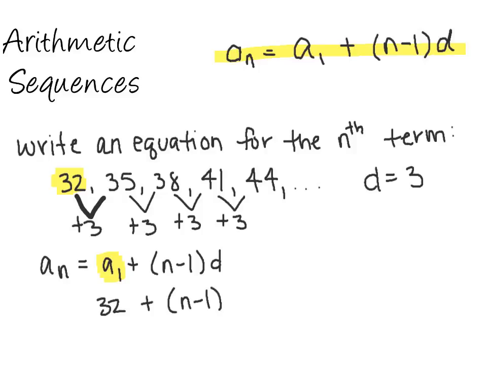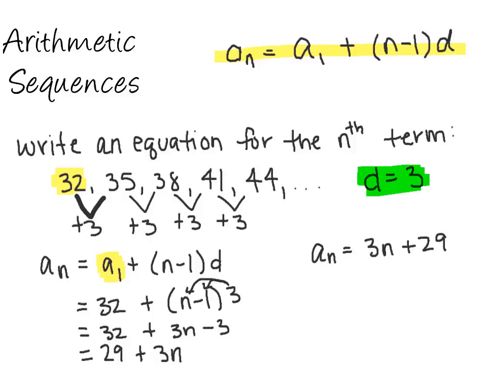So I'm going to plug in 3 for d, and I'm going to simplify this a little bit. Alright, so after I distributed my 3 and simplified, my formula for any term in this sequence is given by a sub n equals 3n plus 29.